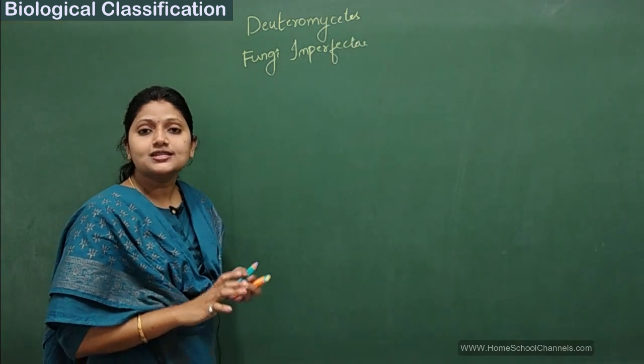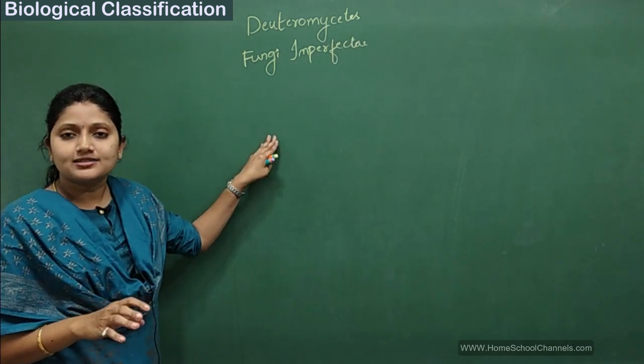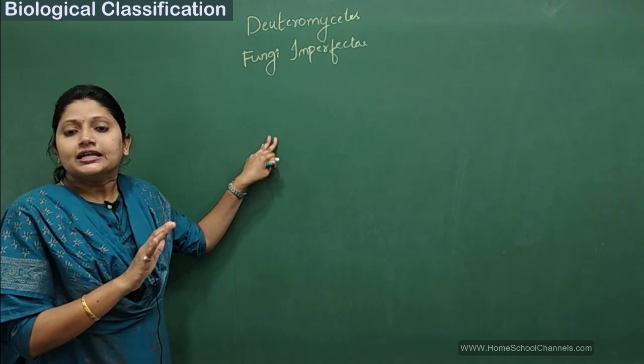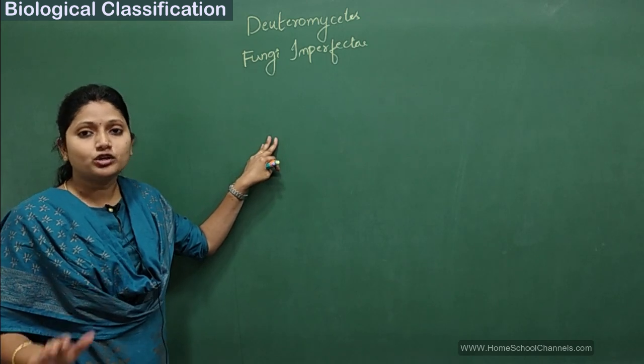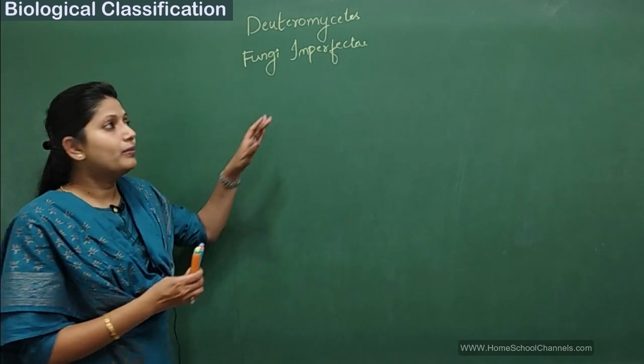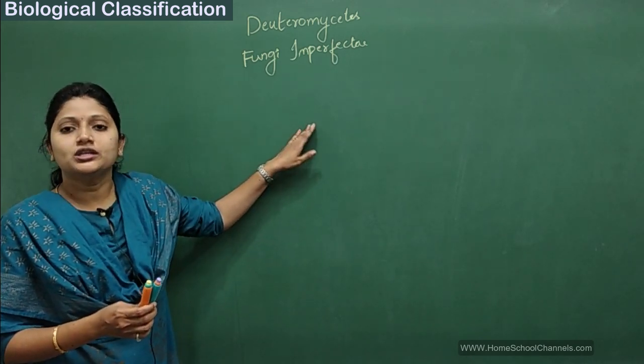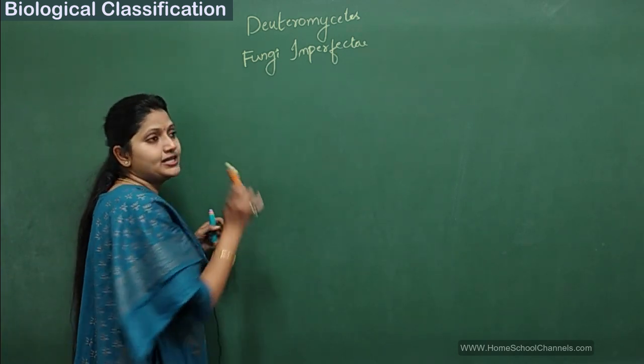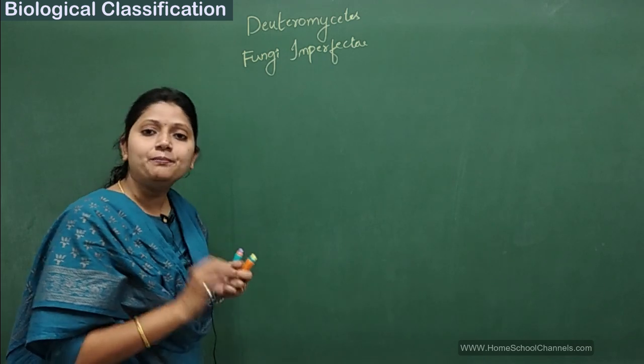That is because these fungi which belong to Deuteromycetes do not have sexual reproduction, or probably the sexual reproduction in these organisms is not known yet. Hence, they are called fungi imperfectae.